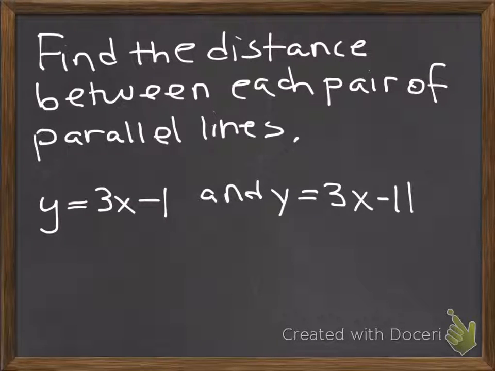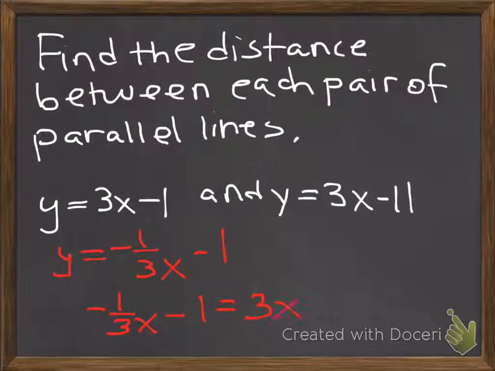Step 1 would be to find the perpendicular slope to either one of these, which would be the opposite reciprocal, so it would be negative 1/3. And then we're going to use one of the y-intercepts, it doesn't matter which one. And now we need to solve, so we're going to put this equation equal to the other equation, the one whose y-intercept we did not use, and we're going to solve.